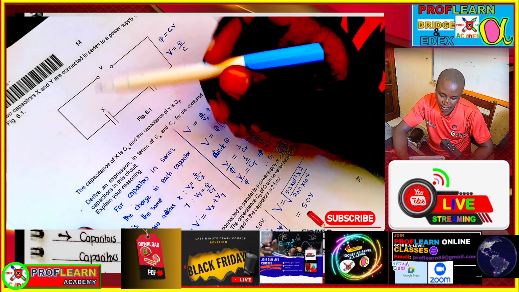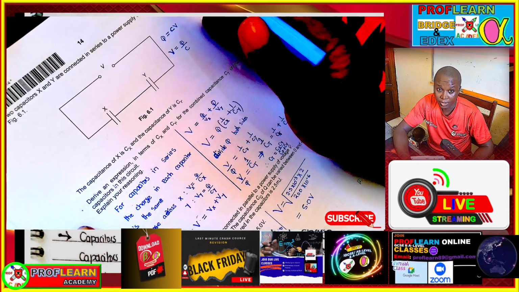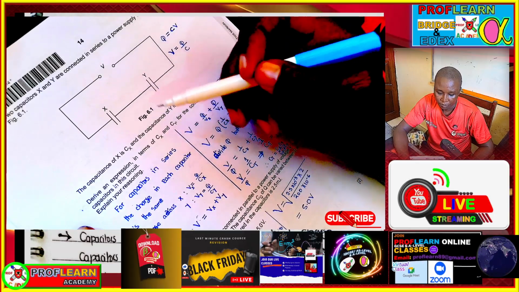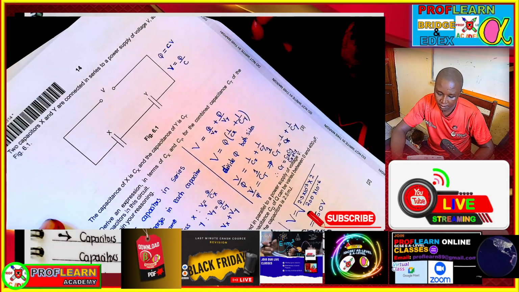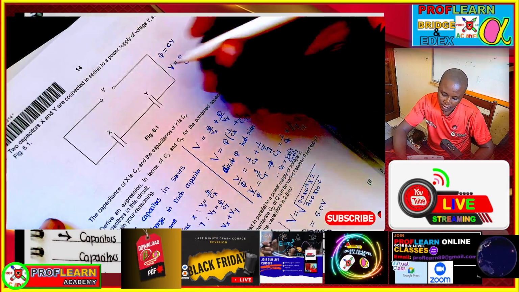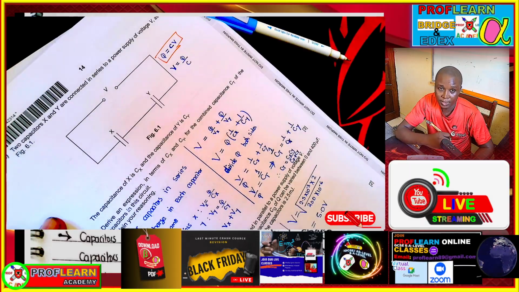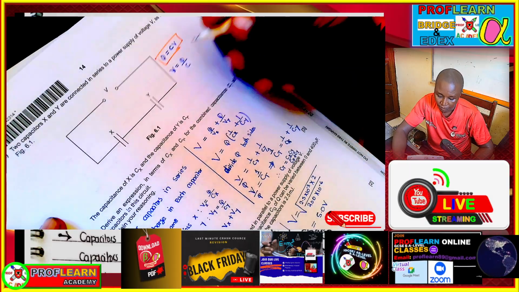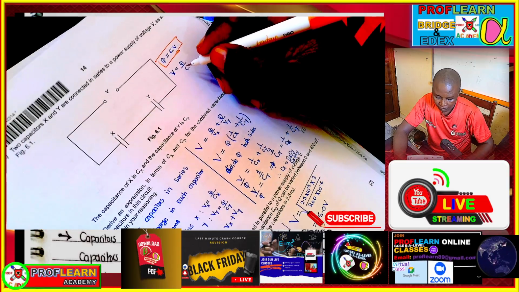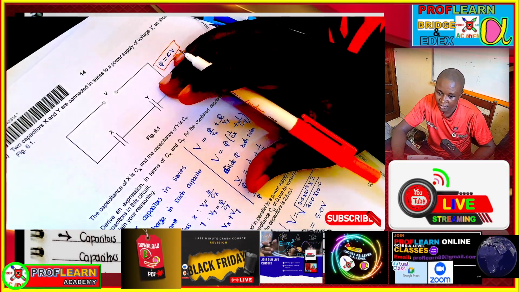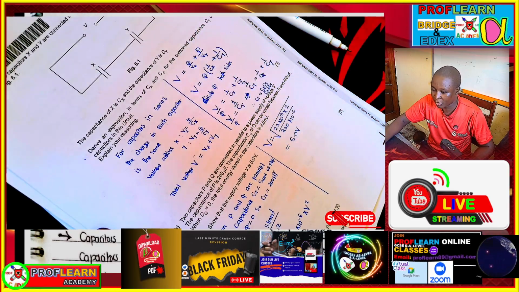You can see here, these capacitors are connected in series and they are connected to a potential difference of V. So the first thing that you really ought to remember is that charge is equal to CV. You take the capacitance times the voltage, but voltage is charge over capacitance. Now, in order to derive this expression, there are a few things that we really need to put into consideration.